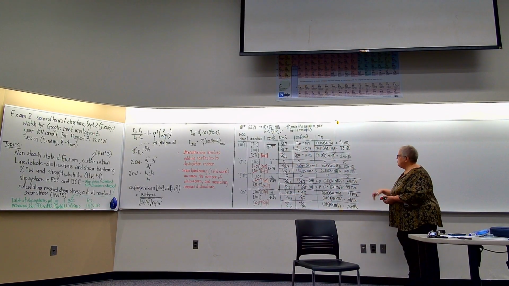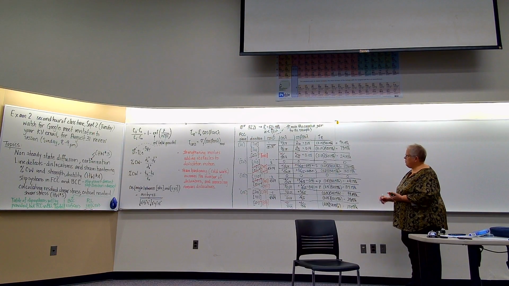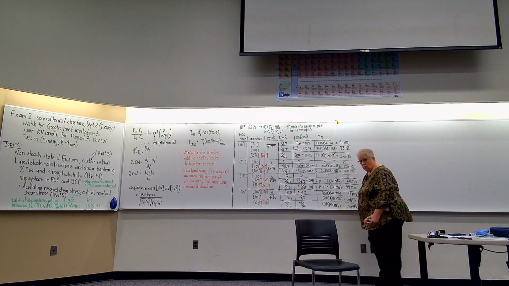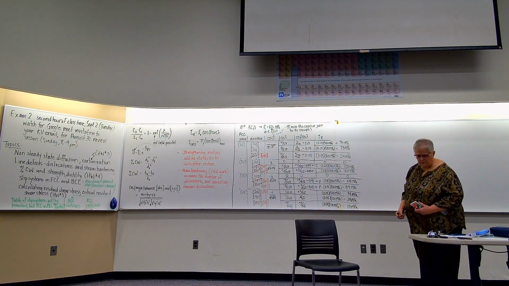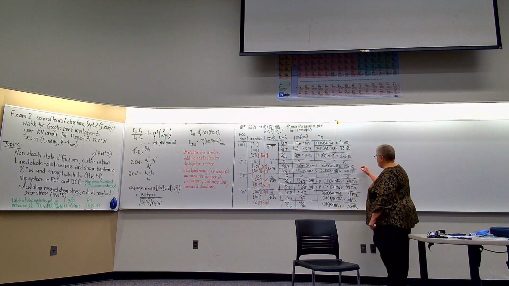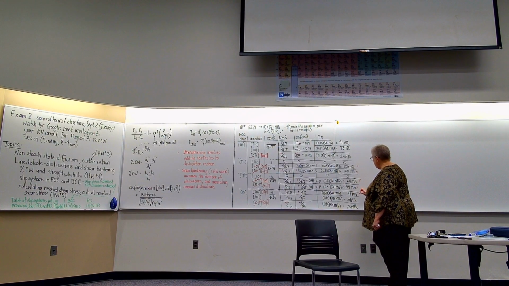I just did so that I would get some negative values for cosine phi, cosine lambda. So I've calculated all the resolved shear stress, right? This is the secondary, and this is the primary.